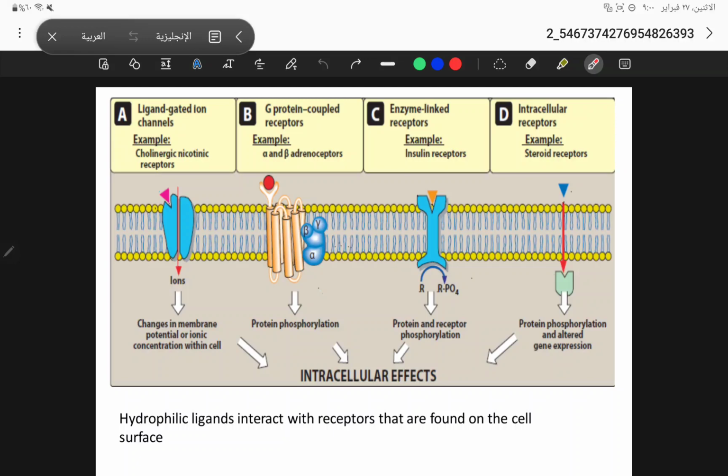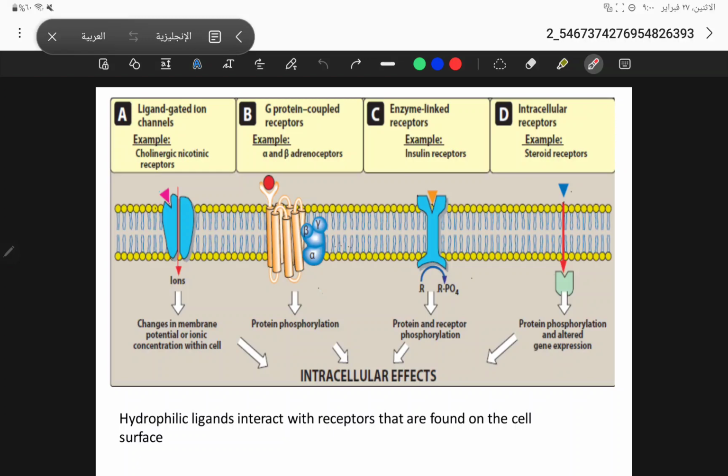For example, we have the nicotinic receptor that permits the passage of sodium, whereas benzodiazepine receptors are chloride channels that permit the passage of chloride, when you come to the central nervous system.